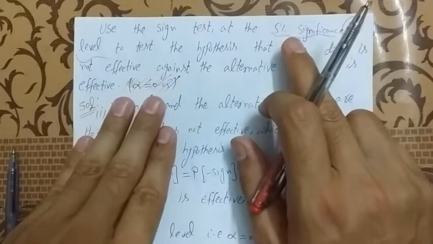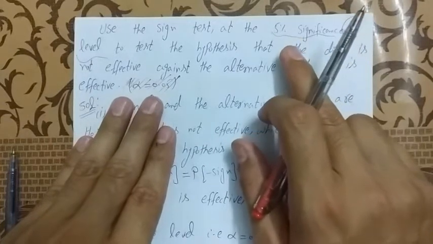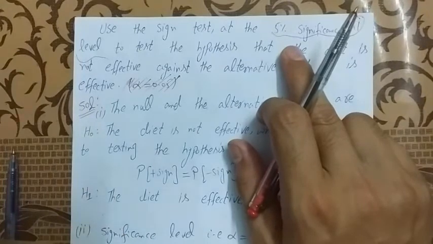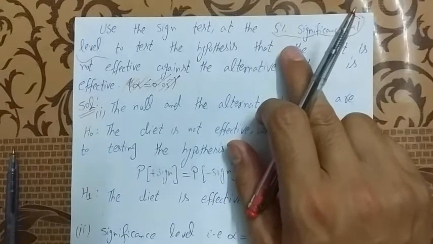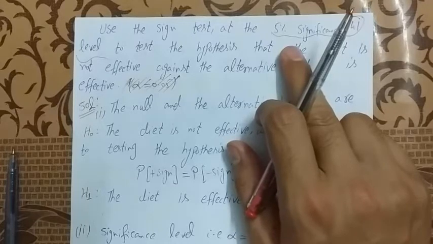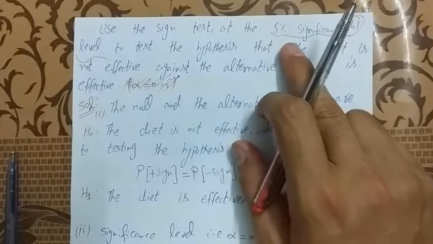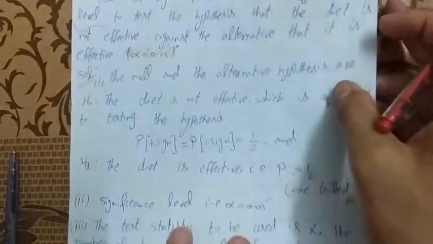The significance level is what is given from the problem, and the confidence interval means how confident you are for that problem. So we are going to our result.